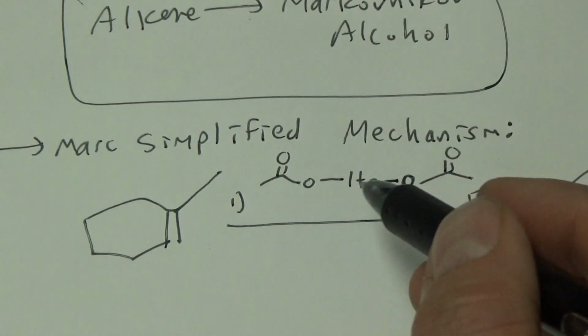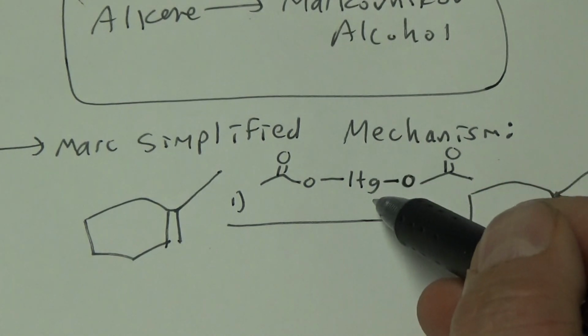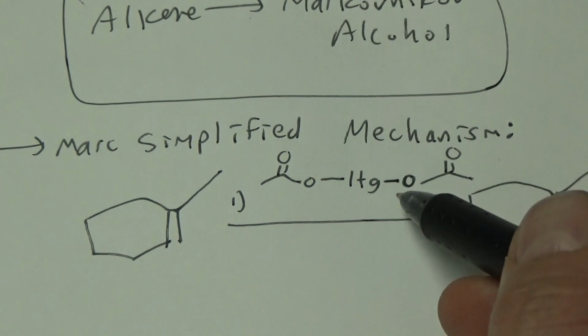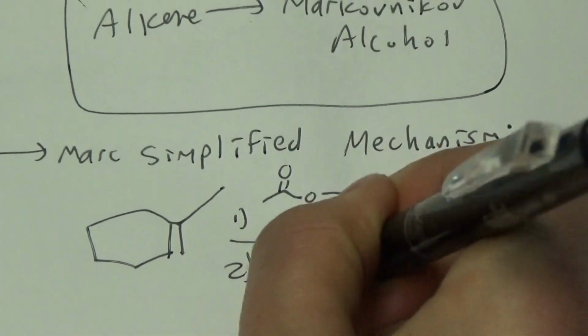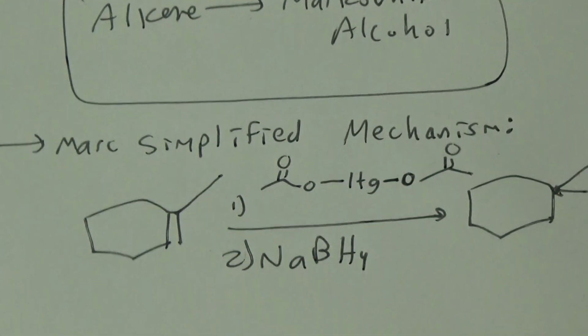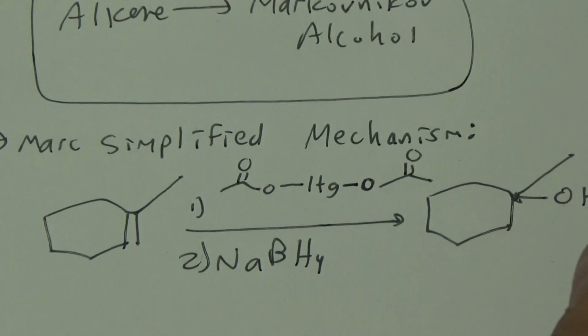You have a mercury acetate group, or OAc. We call it Hg(OAc)2, right? All right. And step 2 is NaBH4. All right, we good? So now what's the Mark simplified mechanism of this?